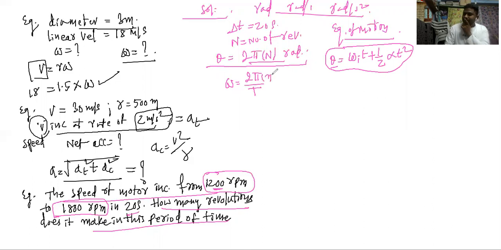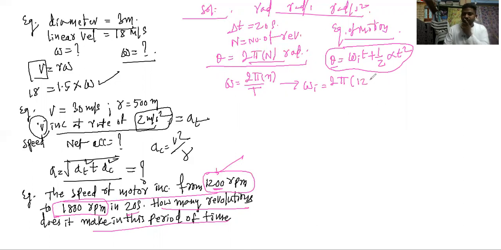For n number of revolutions, T is the time period. So from here, what I can write, omega I is equal to, carefully see, 2 pi into, in the first case, how much? The speed of the motor increases from 1200 rotations per minute.